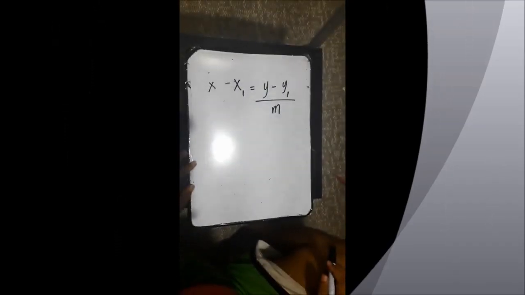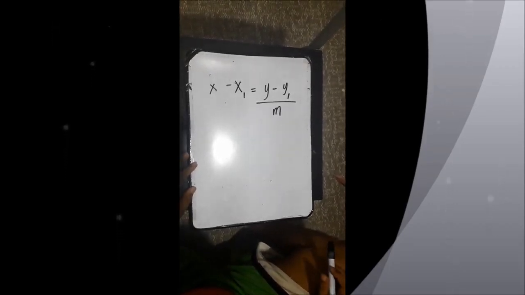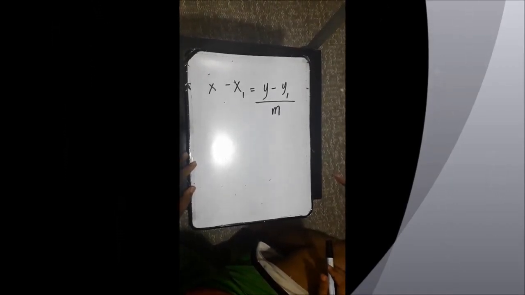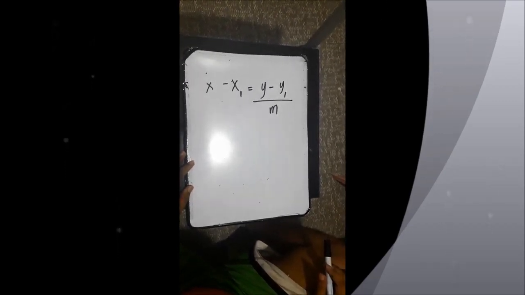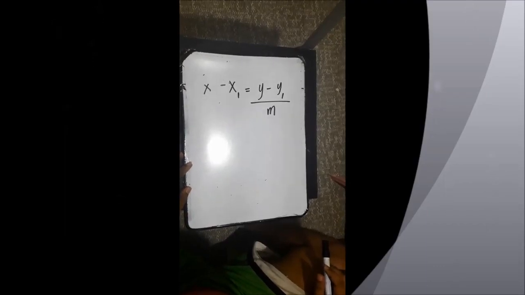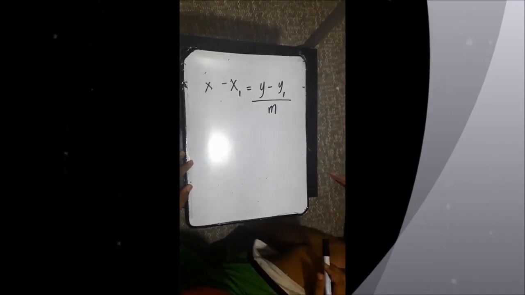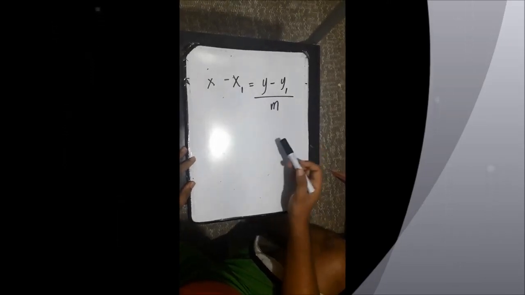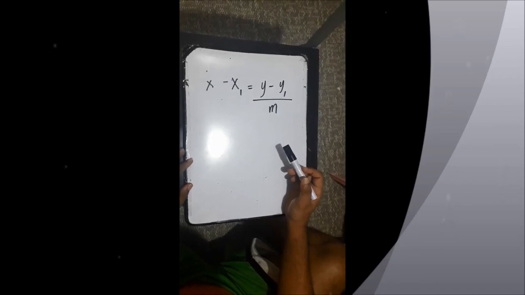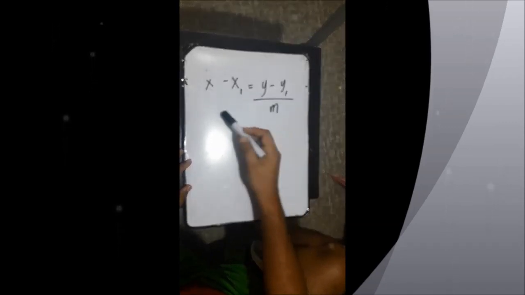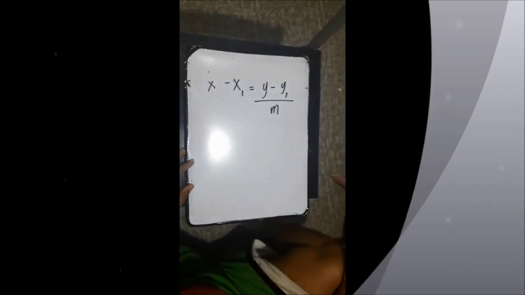Let's take an example in algebra. Say we have an equation x minus x sub 1 is equal to y minus y sub 1 all over m. Now if we are looking for m in this equation, using the switch or the swap shortcut, I will just be switching m and the expression at the left side.